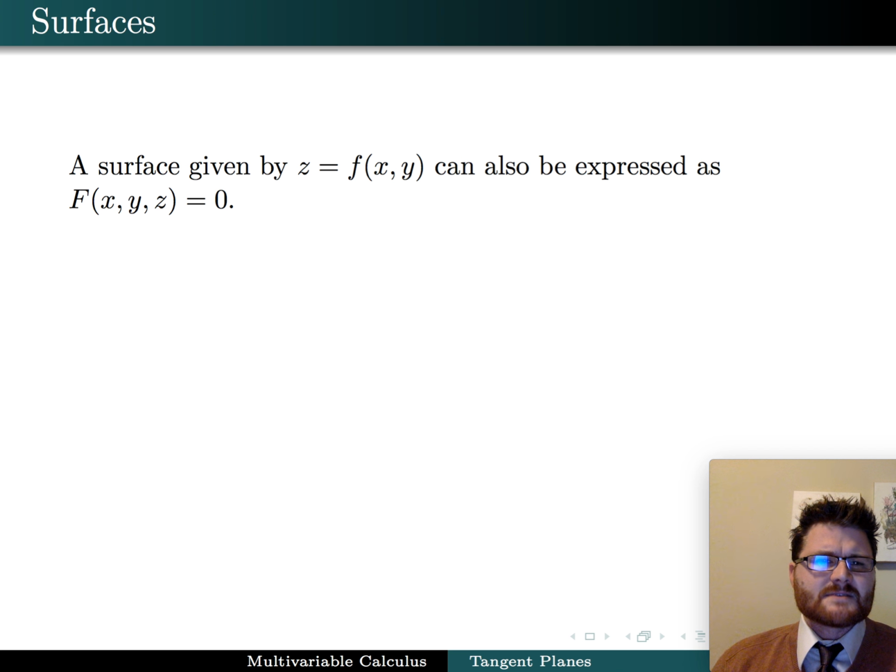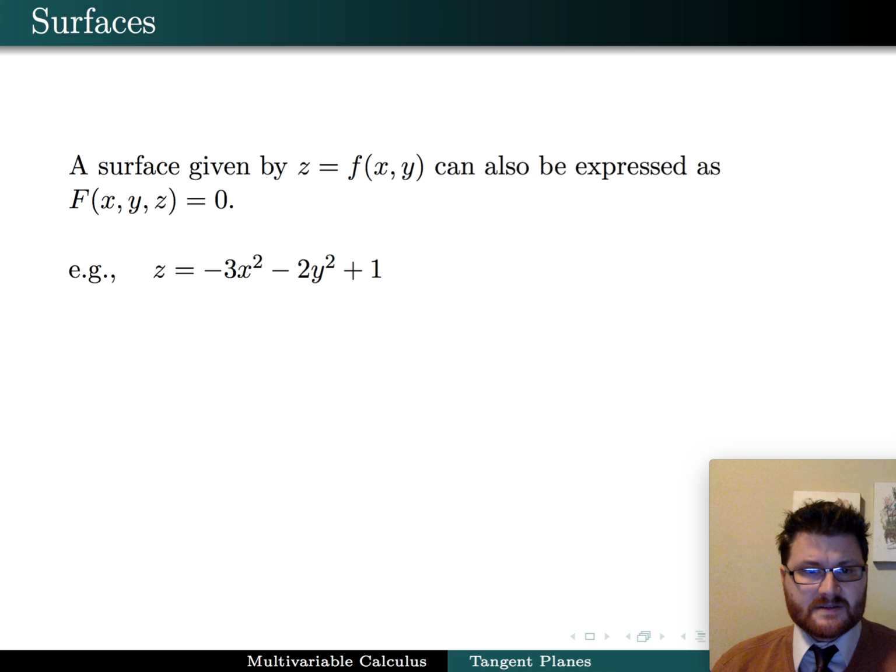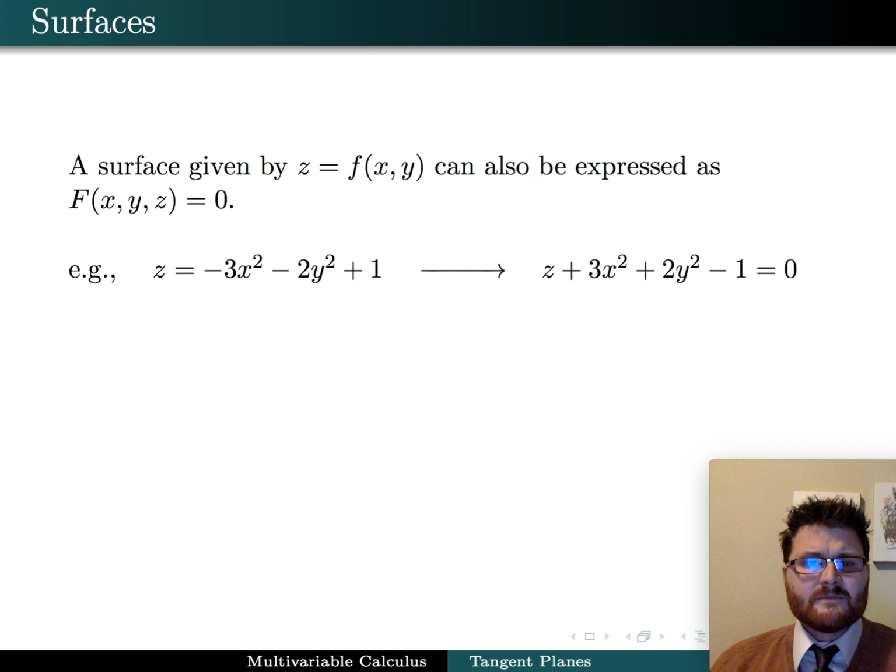And the trick is this, really. If we've got some surface where z is some function of x and y, we can express a related function, I'll call it capital F, of x, y, and z that's equal to 0. So z is this function of x and y. If I just move everything over to one side, I get some function of x, y, and z that's equal to 0.